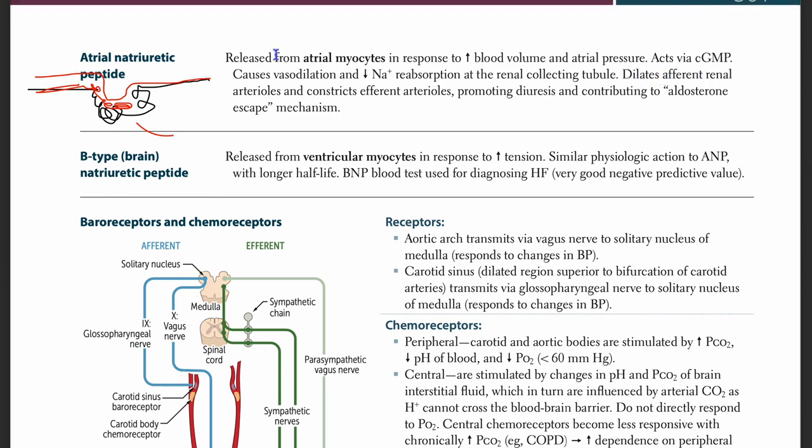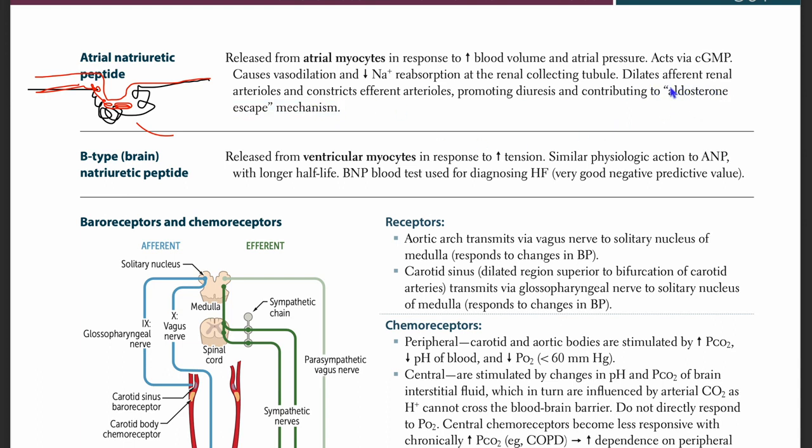So it dilates afferent arterioles and constricts the efferent arterioles, promoting diuresis and contributing to aldosterone escape mechanism. You should know what that is, but we'll do that in renal.